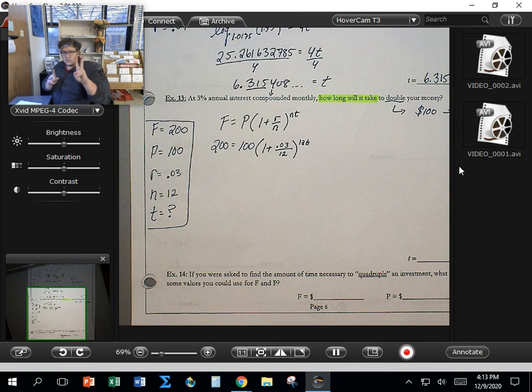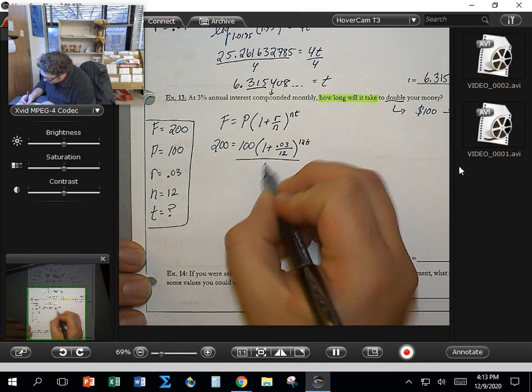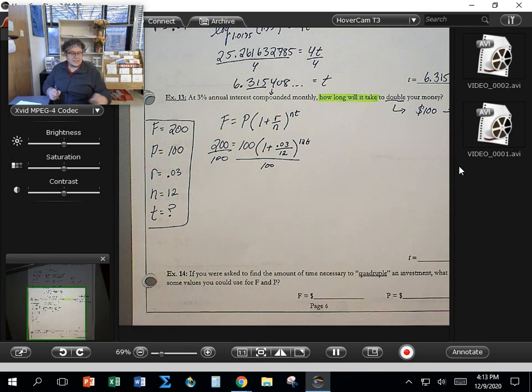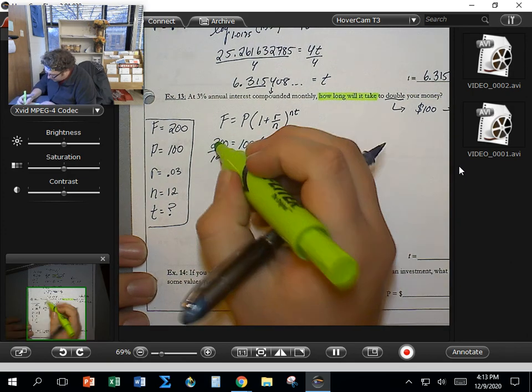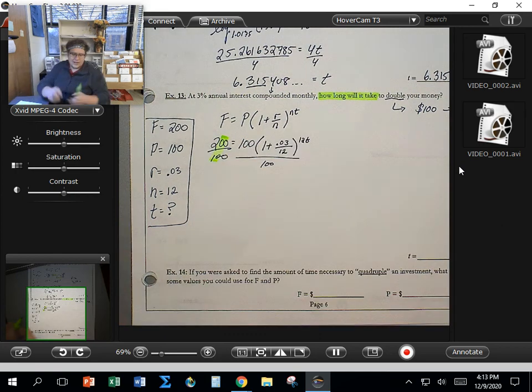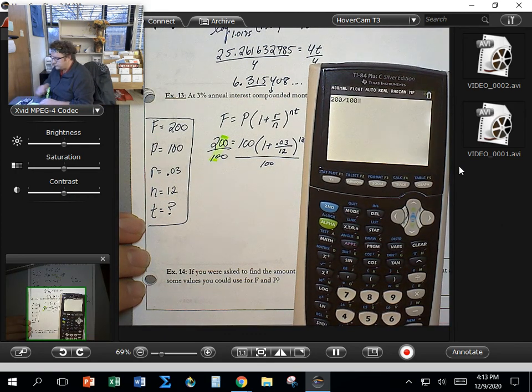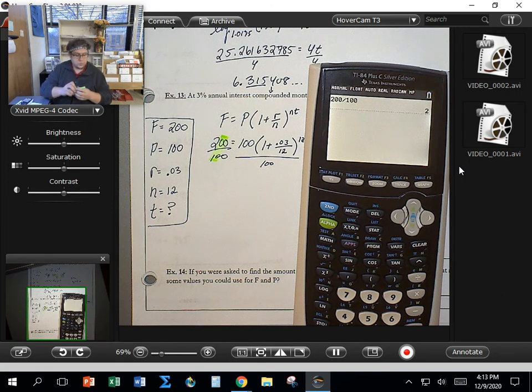So two steps, the cleanup and the divide by P. So first off, let's divide by the 100. And this is when you're going to see that it didn't matter what we chose as long as they were values that were double. So 200 divided by 100, what's that going to turn into? You guessed it, 2.